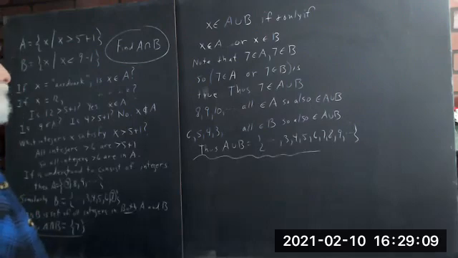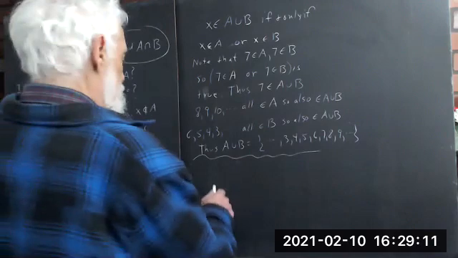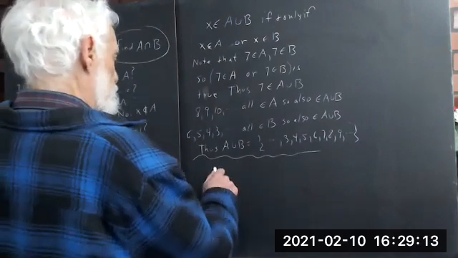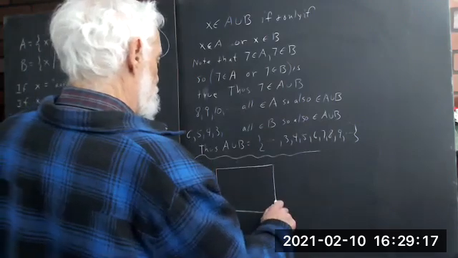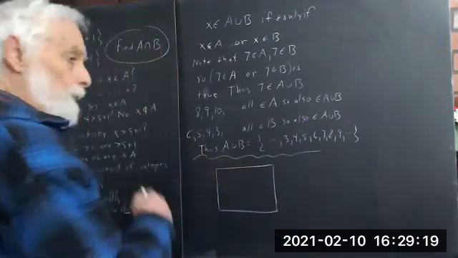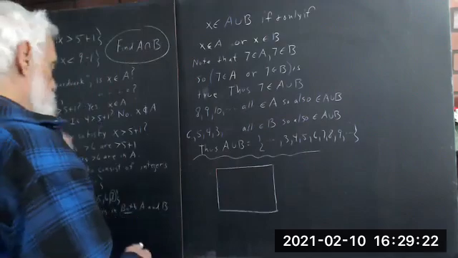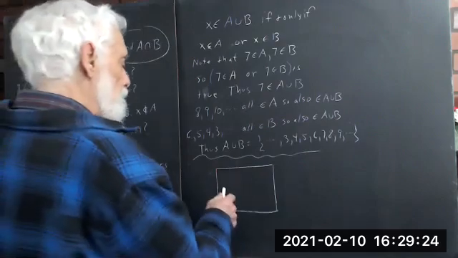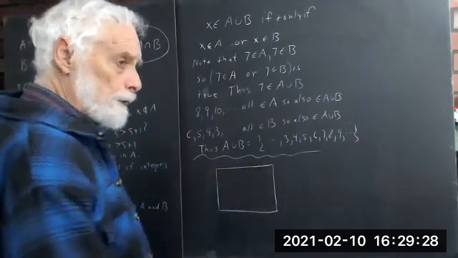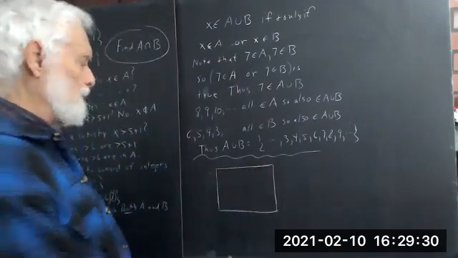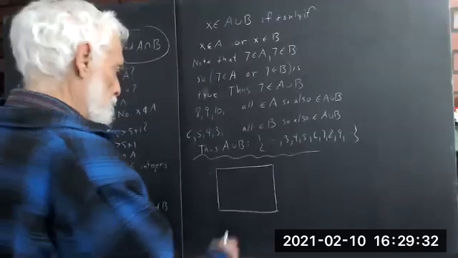Now I want to look at what a Venn diagram of two sets would look like, and what a Venn diagram for these particular sets might contain. A Venn diagram for two sets consists of a rectangle, usually a rectangle, could be any shape, but traditionally we do it as a rectangle.